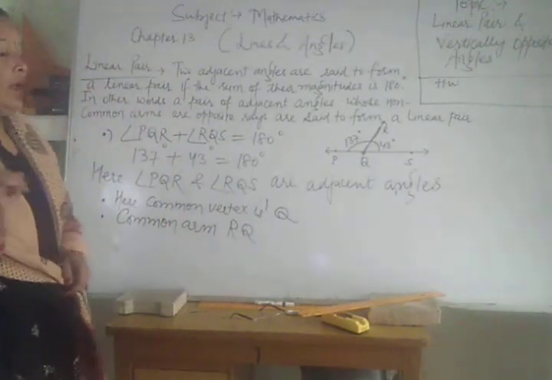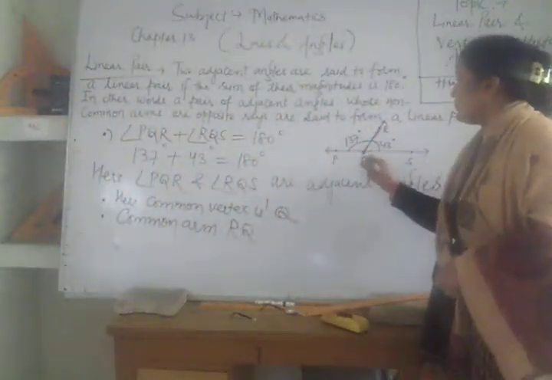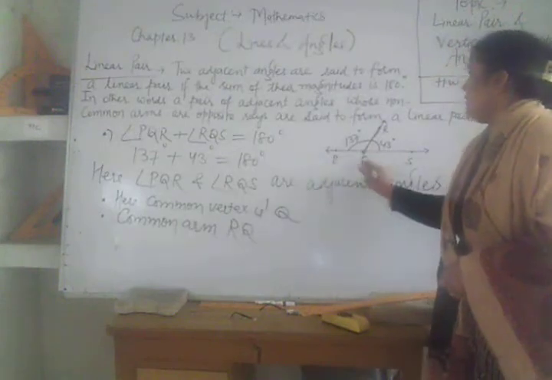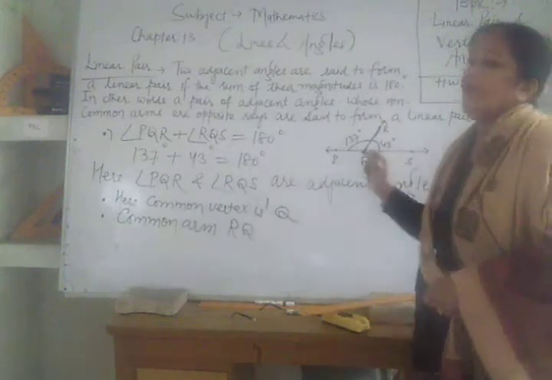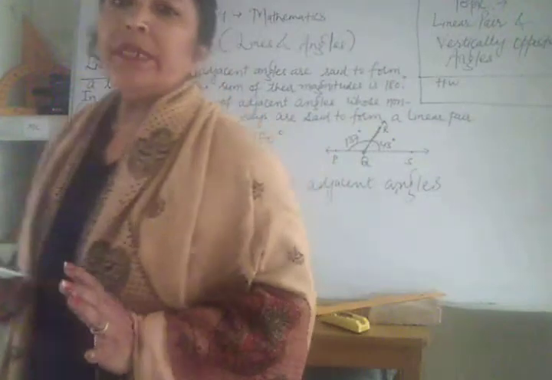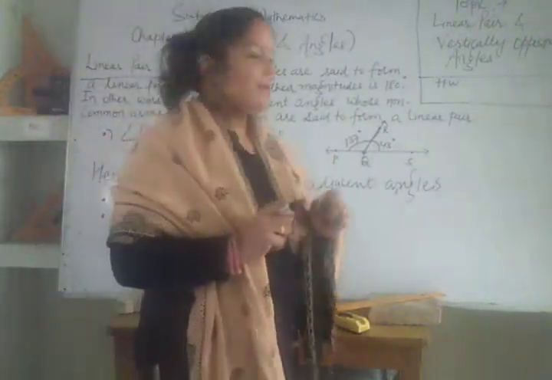And the two rays, QP and QS, lie in the opposite directions. This is the symbol for a ray.